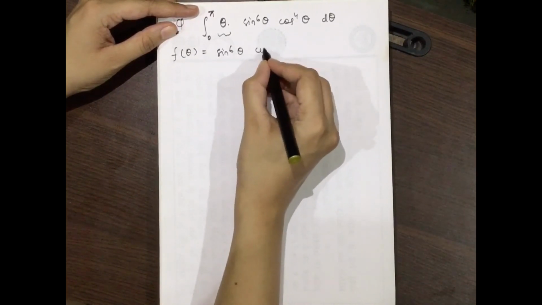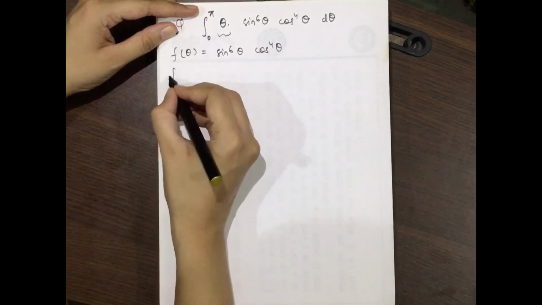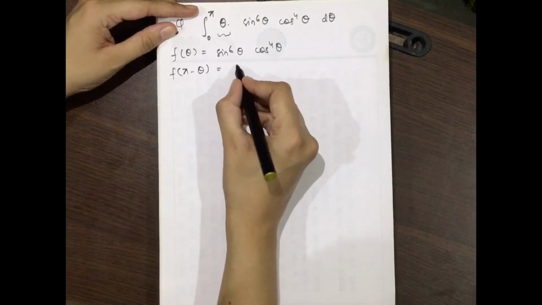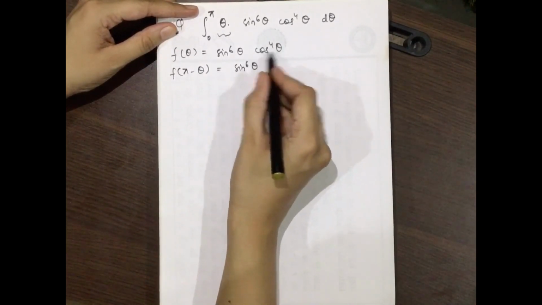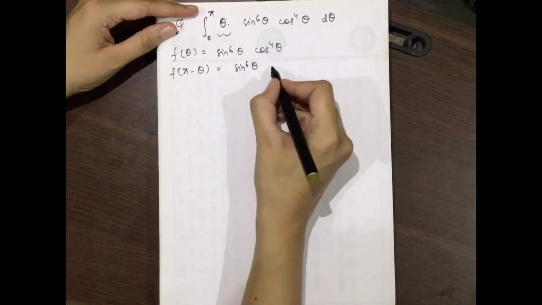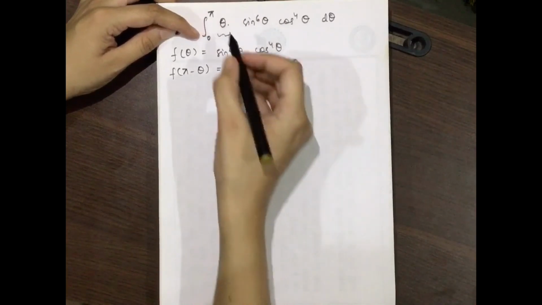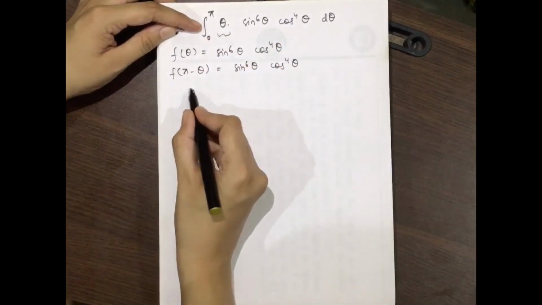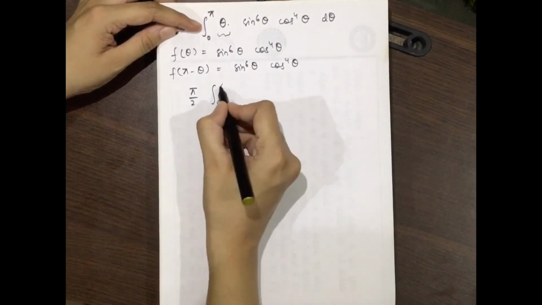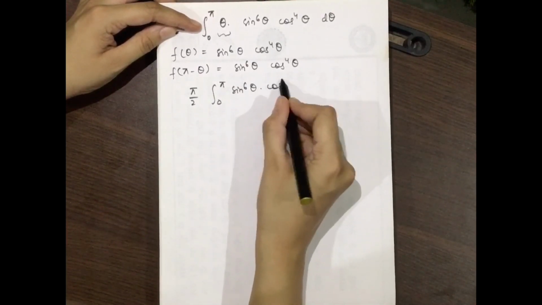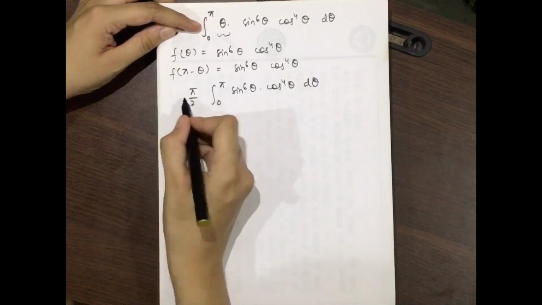So f of theta is sine 6 theta and cos to the power 4 theta, and f of pi minus theta, so sine will be sine only, and since the power is even, so it is same as it is. Okay. Now see, f of theta is f of pi minus theta, so it will be changed into pi by 2 into 0 to pi sine to the power 6 theta into cos to the power 4 theta d theta.